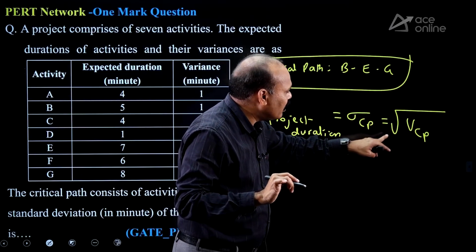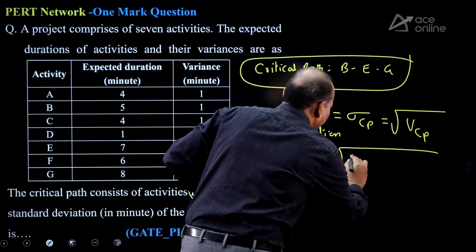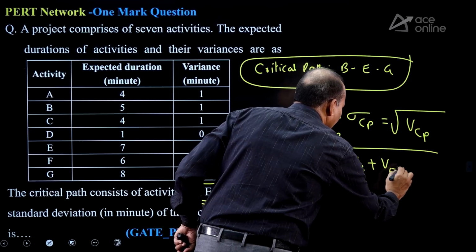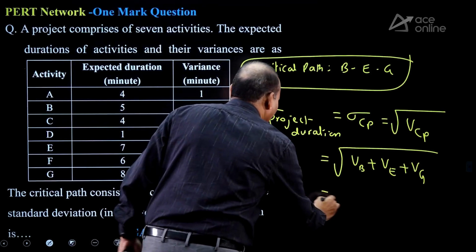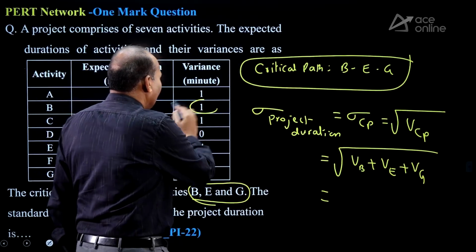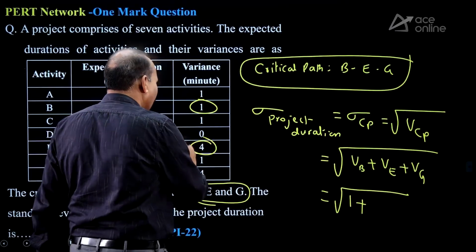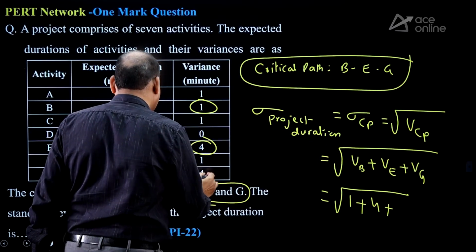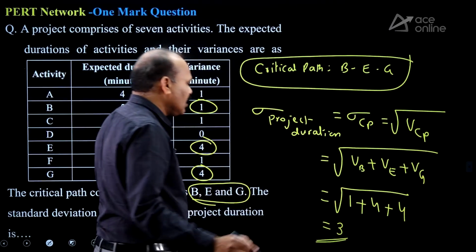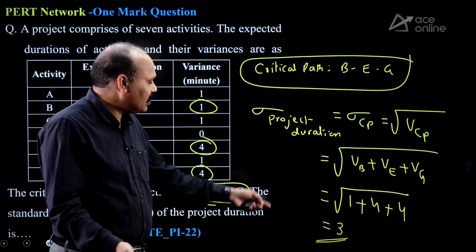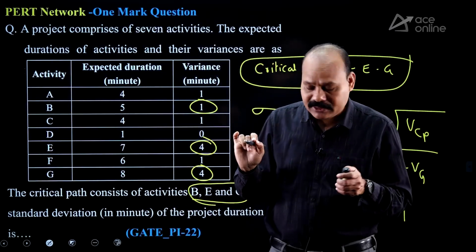Sigma CP is equal to the square root of the variance of the critical path, which is the square root of VB plus VE plus VG, the variance of B plus the variance of E plus the variance of G. Variance values are given directly here: 1, E value 4, G value 4. Square root of 9 is 3. So the standard deviation of project duration, nothing but the standard deviation of the critical path, is equal to 3. Whenever you are finding standard deviation, make use of variance. This is an important point.